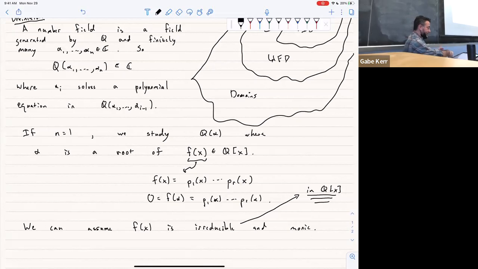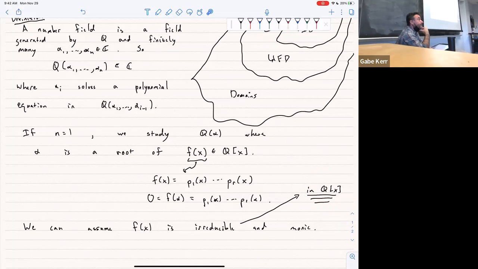I'm trying to make sure that people understand what I'm saying here when I say irreducible. If I was in complex coefficients and it's irreducible, what kind of polynomial would I have? Just x minus some alpha. Right, I'd have a degree 1 polynomial, because this is the fundamental theorem of algebra.